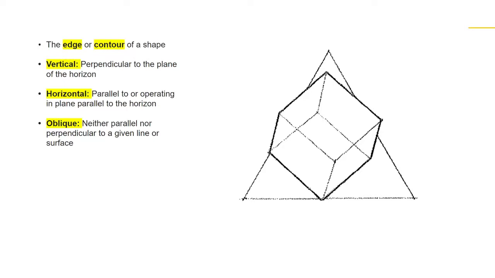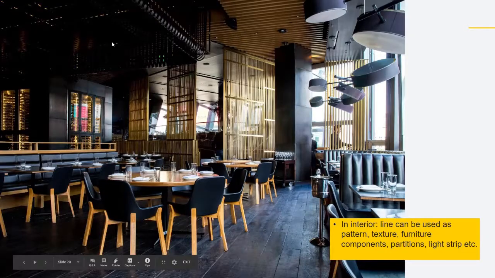The edge or contour of a shape can be vertical, perpendicular to a plane; horizontal, parallel to the plane over the horizon; and oblique, neither parallel nor perpendicular to a given line or surface.